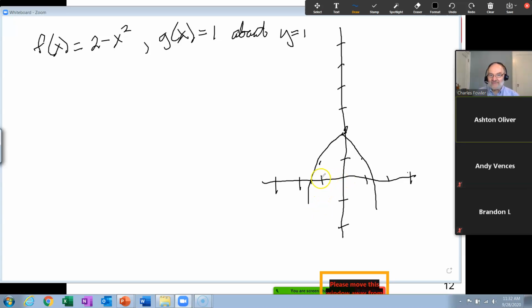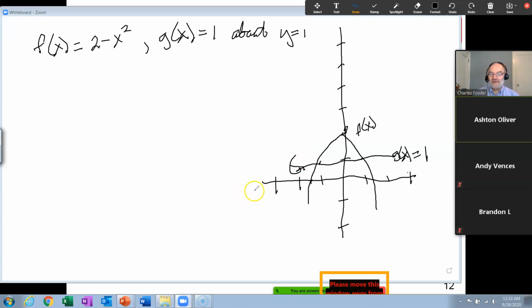But the axis here, where g of x is equal to 1, that's that line right there. This is F, and this is G. G of x is equal to 1. Okay? And that's also going to be where y is equal to 1. That's your axis of revolution.